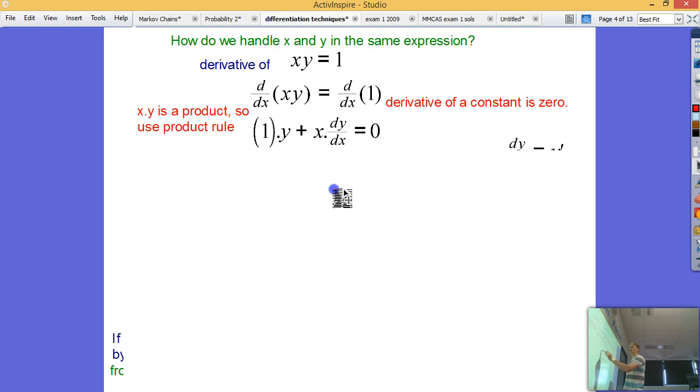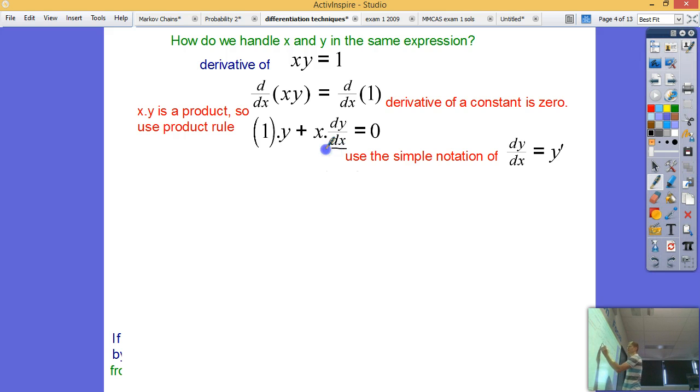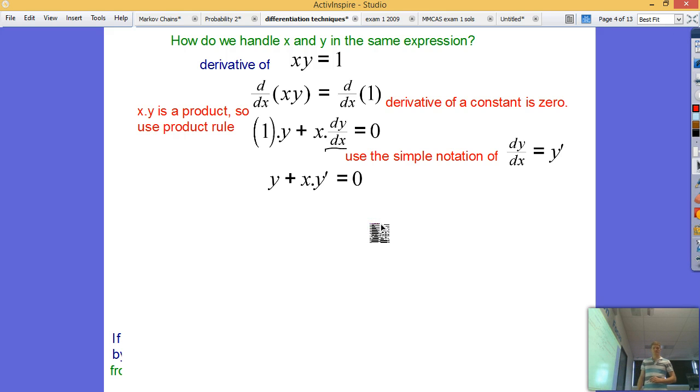But we have to recognize that x times y is a product, and we're going to use the product rule in differentiating. And from that expression, we are also going to make it a little bit simpler for ourselves. This dy/dx here, we're going to write in a simple notation and use y dash instead. So we'll get that as our expression.